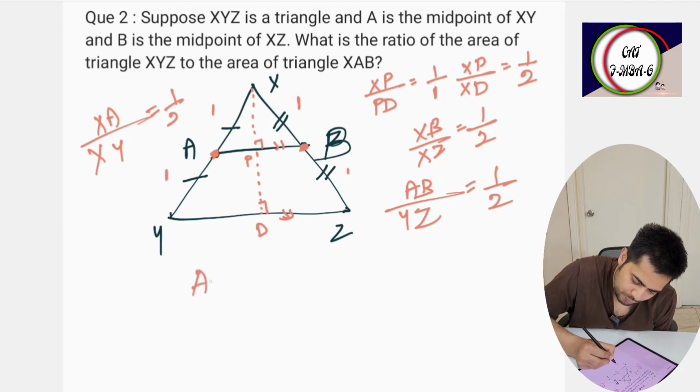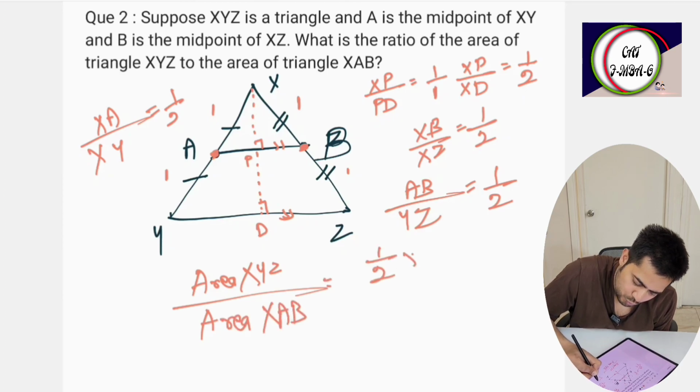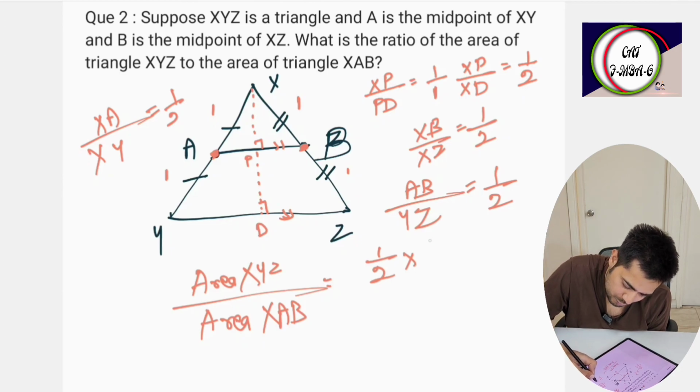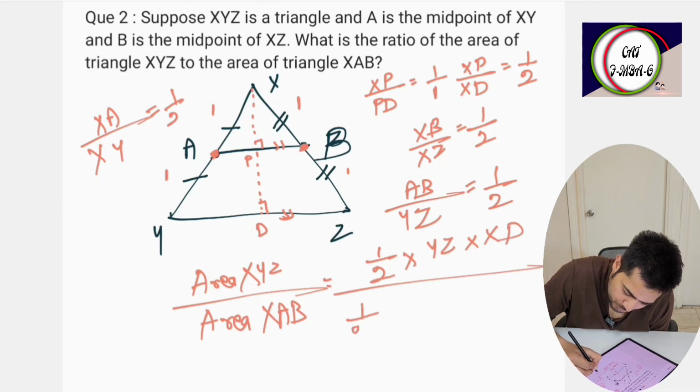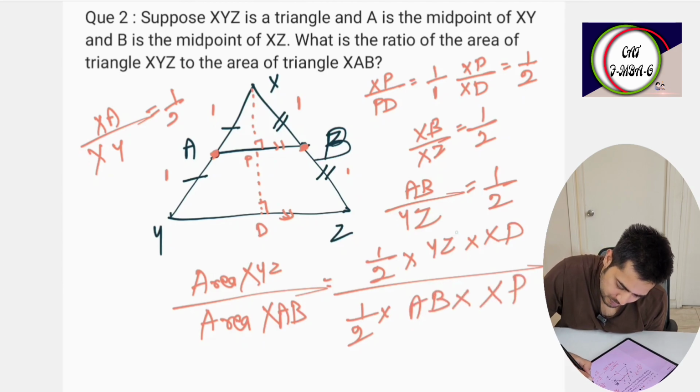So area of XYZ divided by area of XAB is equal to half into YZ, what is the base, YZ, into height XD, divided by half into base AB into XP.